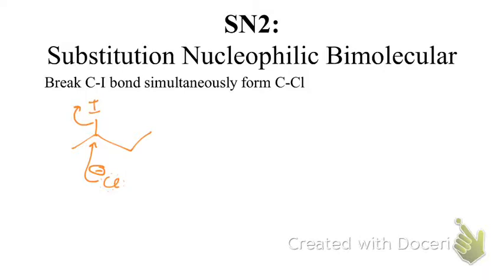Are there still electrons on the other side of that iodide? Where are those electrons found? What does this line represent? Or this line? Electrons. What does this represent? That little dot?